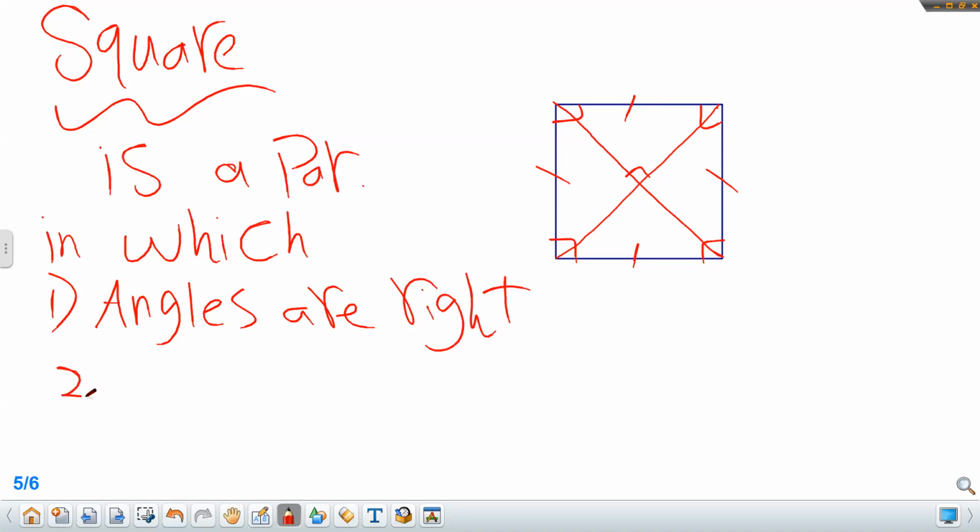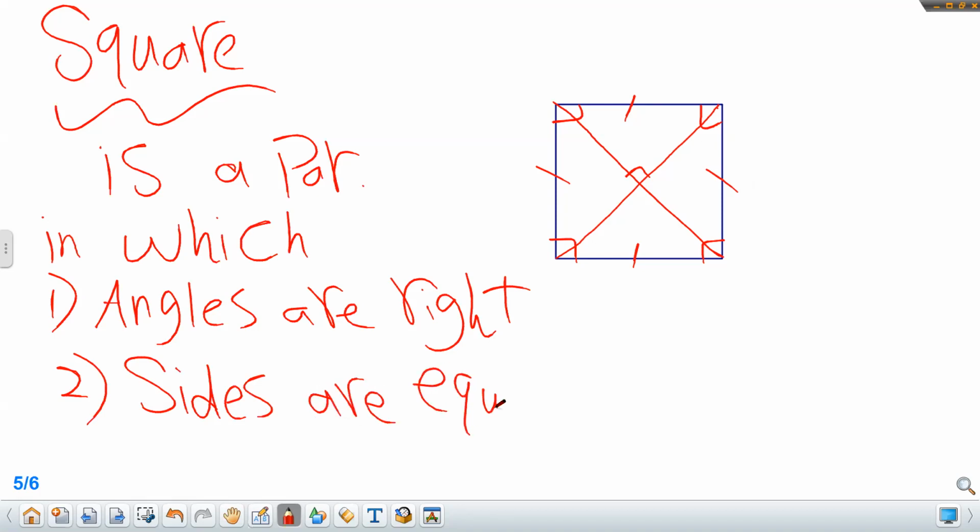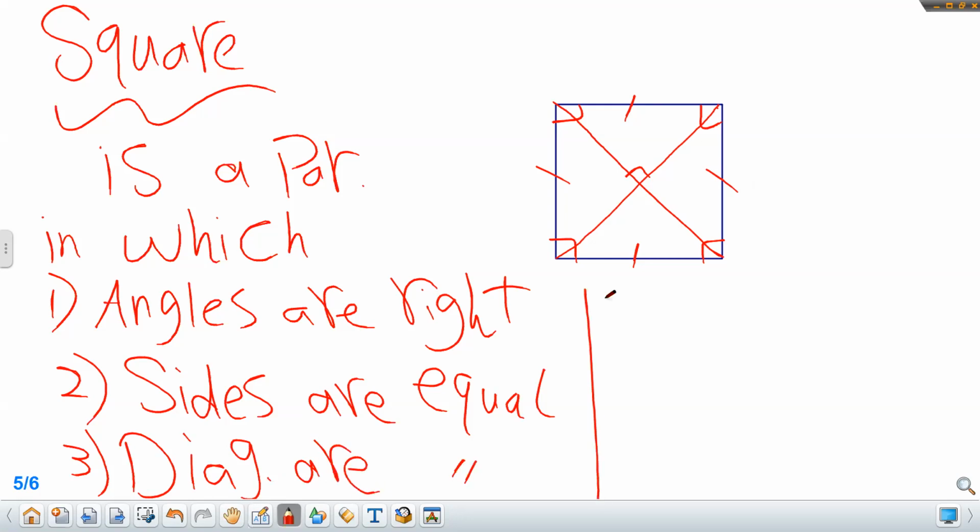Number 2, all sides are equal. Number 3, two diagonals are equal. Number 4, two diagonals are perpendicular.